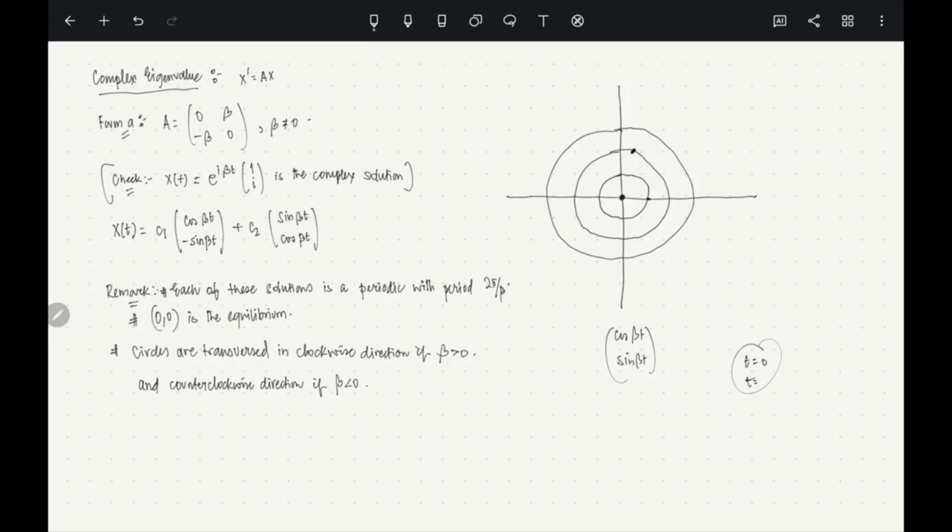Okay? T equals 0 is 1, 0, right? And t equals, let's say, beta is there, so pi by 2 beta. Beta is positive. So this turns out to be cosine pi by 2 and sine pi by 2. Cosine pi by 2 is 0 and sine pi by 2 is 1. So this is here.